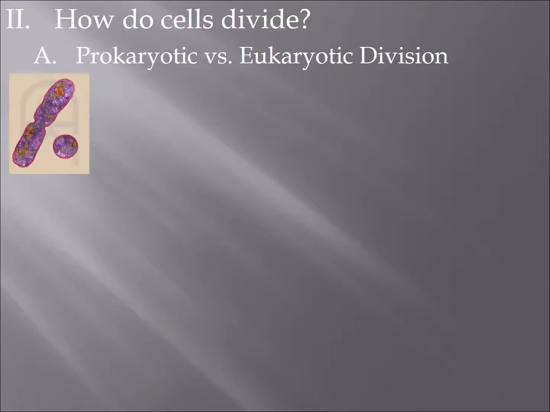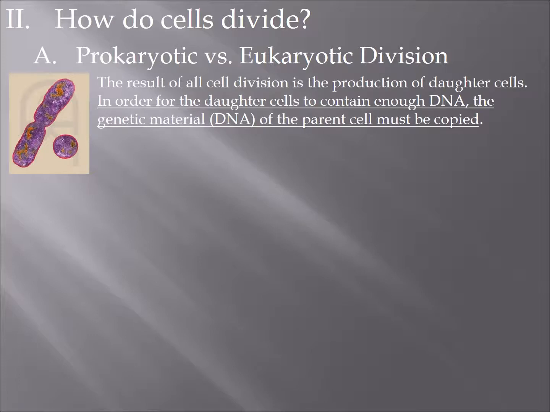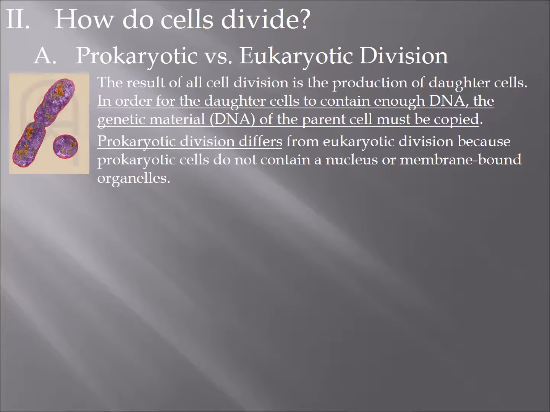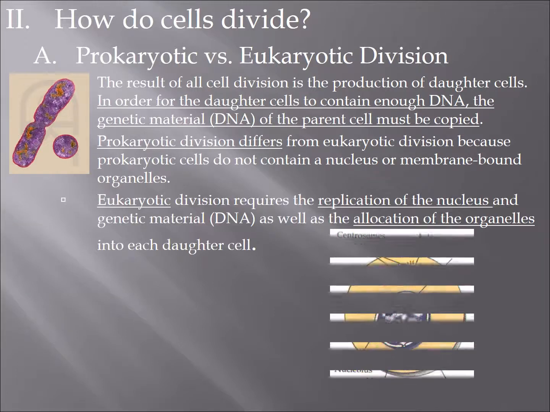So how do cells divide? Prokaryotic versus eukaryotic division, what's the difference? In order for the daughter cells to contain enough DNA, DNA must be copied first. Prokaryotic division differs because prokaryotes, of course, don't have a nucleus or membrane-bound organelles, so that changes how they divide.